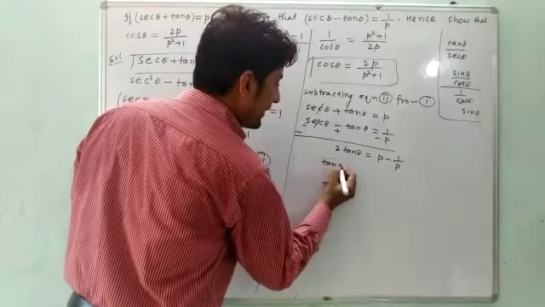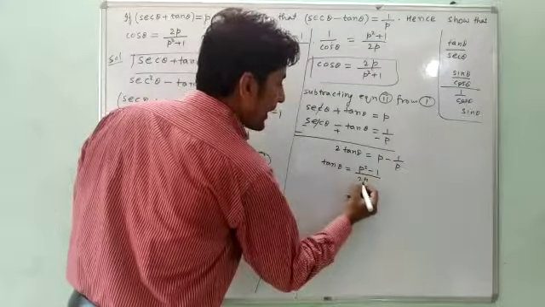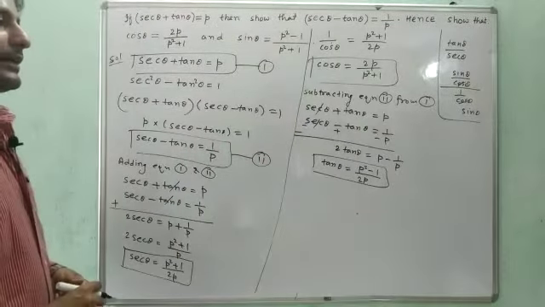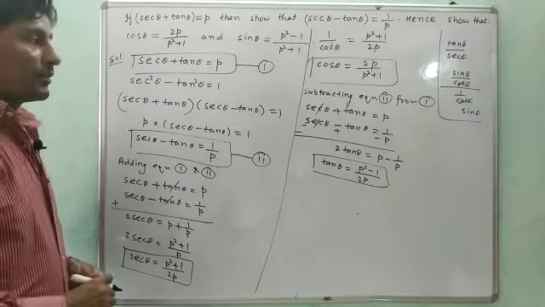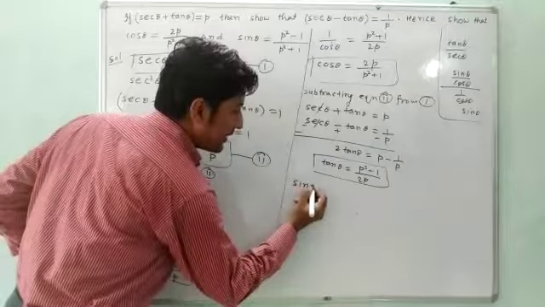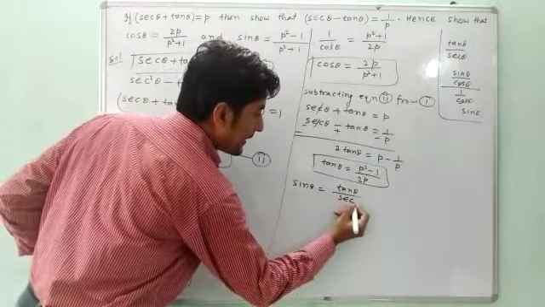Hence tan theta equals P square minus 1 upon P, and the 2 will come this side. So finally we have tan theta equals P square minus 1 upon 2P. To get the value of sin theta, as we know, sin theta equals tan theta divided by sec theta.